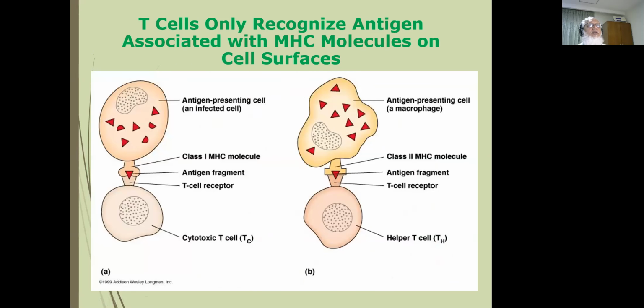So again, T cells only recognize antigen associated with MHC molecule on cell surfaces. Cytotoxic T cells are restricted to MHC1 molecule, and helper T cells react only with MHC2. This is called the rule of 2. Cytotoxic T cell is CD8, so 8 into 1, 8. Helper T cell is CD4, 4 into 2, again 8.